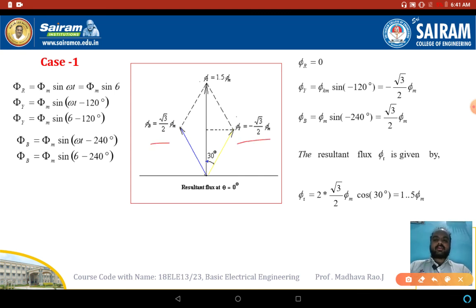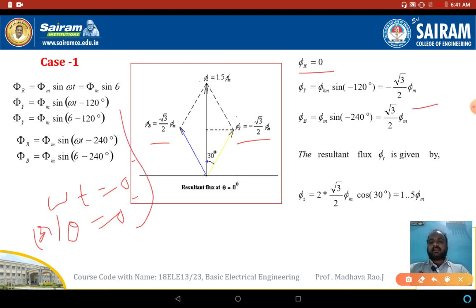If you substitute omega t equal to 0, or theta equal to 0 degrees, we will get these fluxes. Here phi r is 0, phi y is minus root 3 by 2 into phi m. Substituting these in these equations, phi b is equal to root 3 by 2 into phi m.